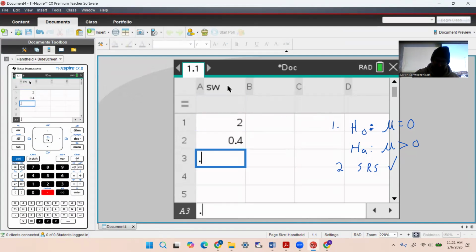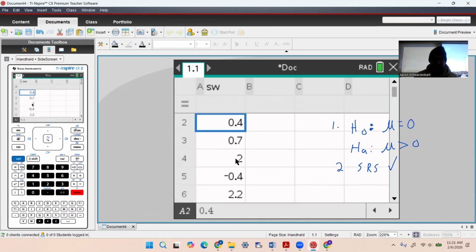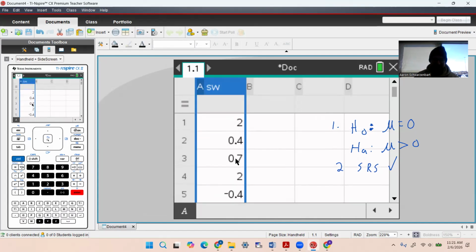I'm going to enter all the values. I don't know the details of how this test was conducted, so I can't assess its validity or any part like that. But we're going to assume it was conducted correctly and just run the stats. If those were not conducted correctly, all the stats we run will be meaningless.